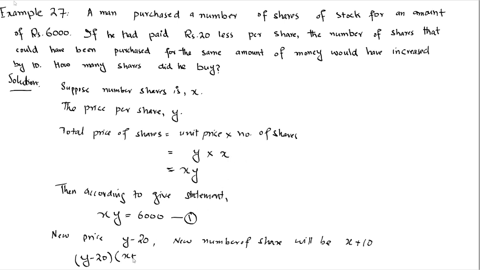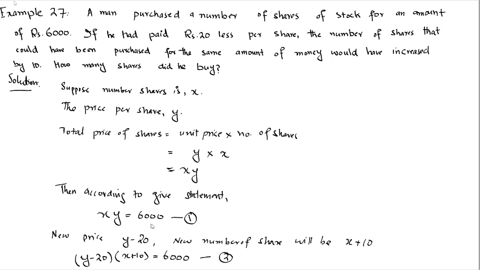The new number of shares is X plus 10. That will equal 6,000. You can say that the price change will change the number of shares, but the product of both, according to the statement, is the same 6,000. Now this is our equation number 2.